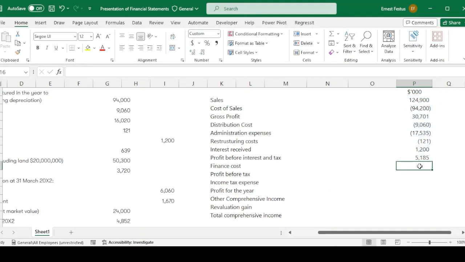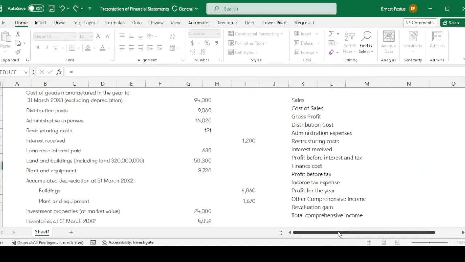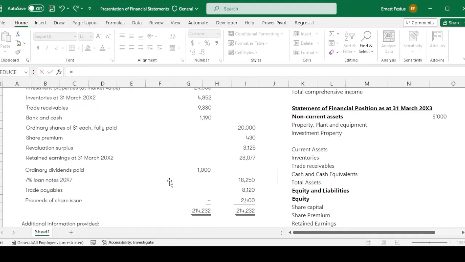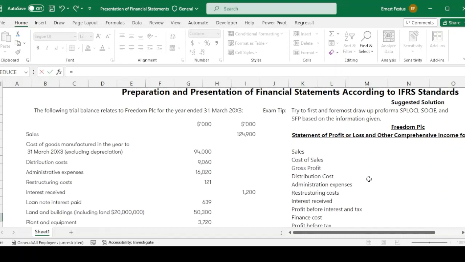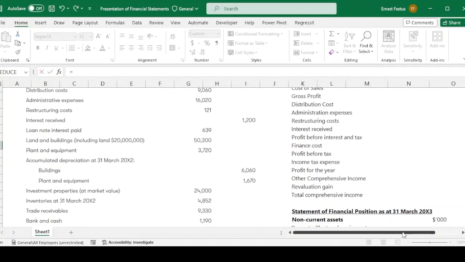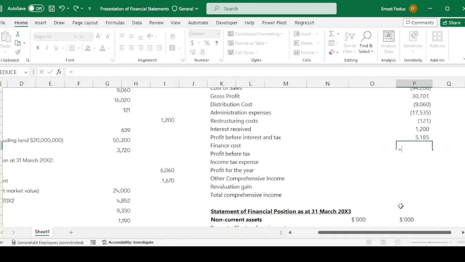So after summing them together, we have our finance costs, and that is going to be equal to our interest on the loan. So that is 7% on the 18,250. So I'll come here and we'll write 7.